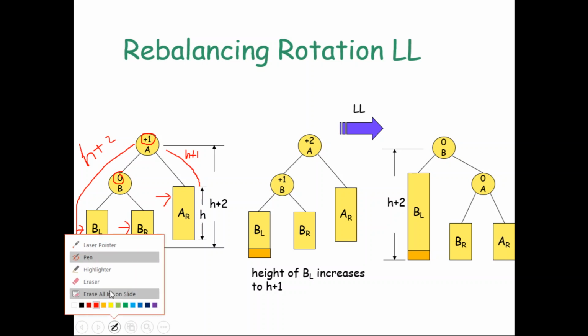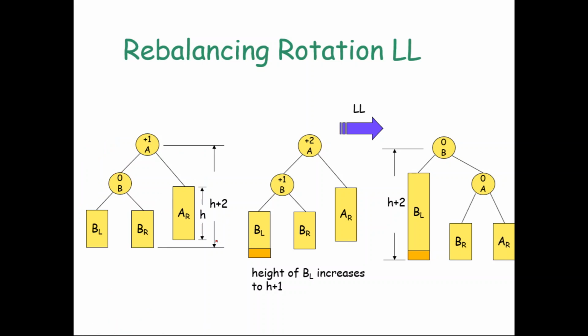But here an insertion is done. Let us assume that in this balanced tree, you perform an insertion here. That is, one more node is added to the left subtree of B. Because of this new insertion, the tree got unbalanced, at node A. So what kind of rotation do you have to do?